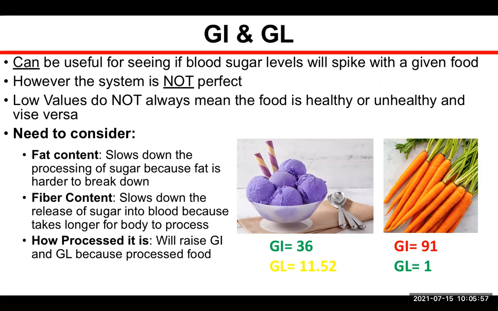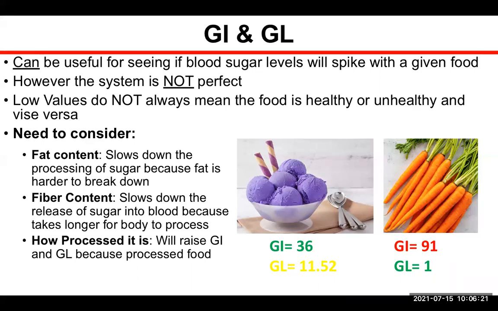When you're considering the kinds of food you're eating, you need to take into consideration the fat content. As I showed you yesterday, fat has a high amount of energy in it, so it's going to be harder for the body to break down and will process a lot slower. That's why they say fatty foods are typically heavy on the stomach, because it takes a lot of energy to break them down.